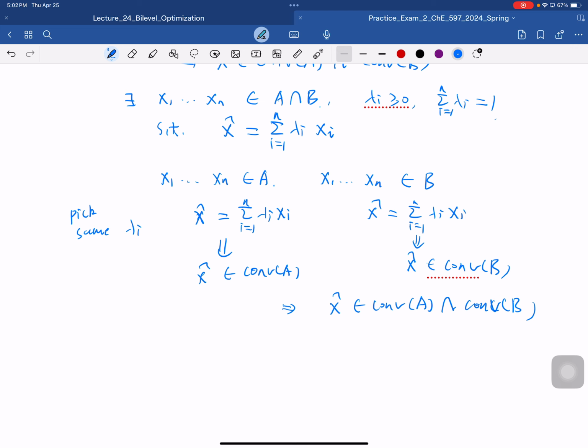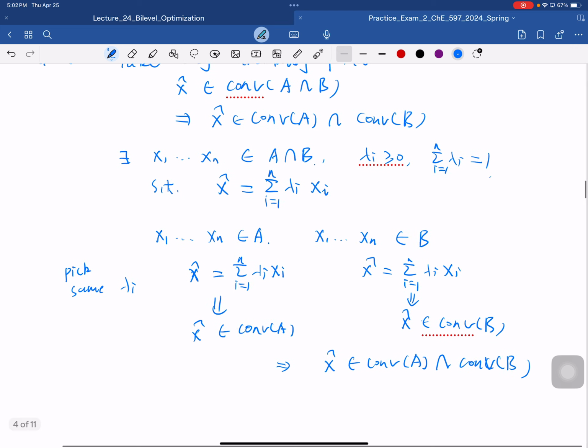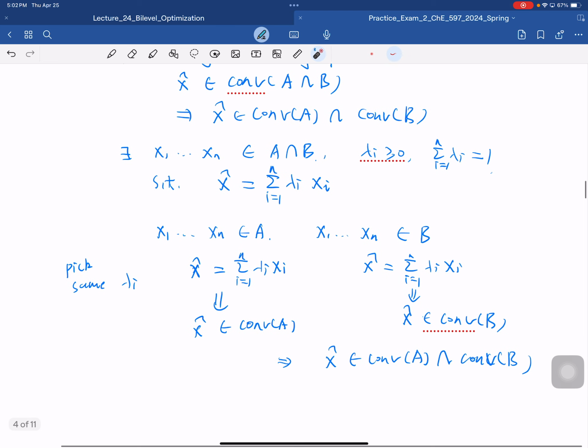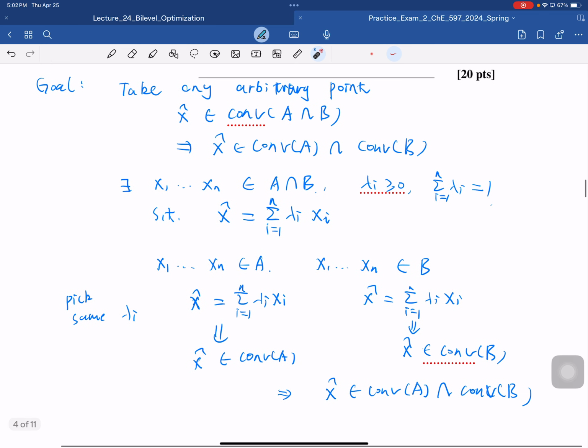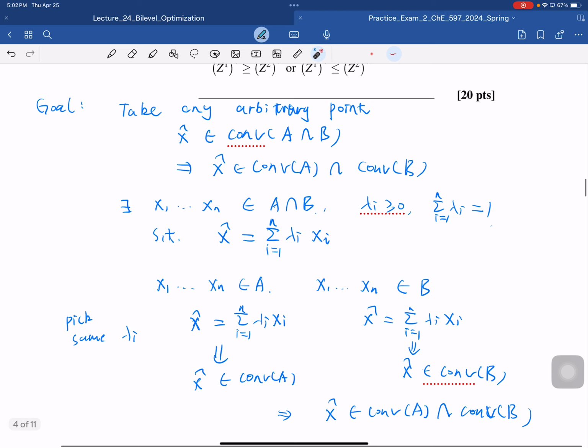You pick any arbitrary point in the convex hull of the intersection, then you show that it must be part of the intersection of the two convex hulls. Okay.